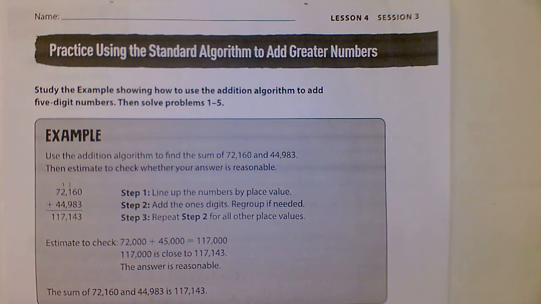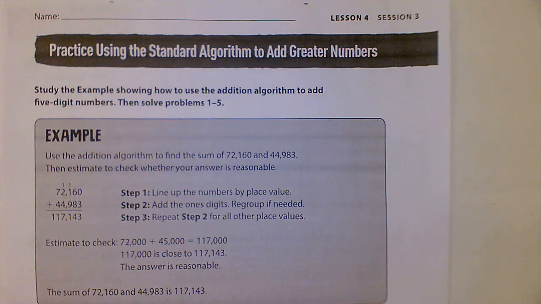All right, so with that said, when we are estimating with these problems, I want to remind you that what we're doing is first we add the numbers, then we estimate them to the same place value, and then we add our estimates, and then we compare the estimated sum with the actual sum to see whether the number that we got was reasonable.